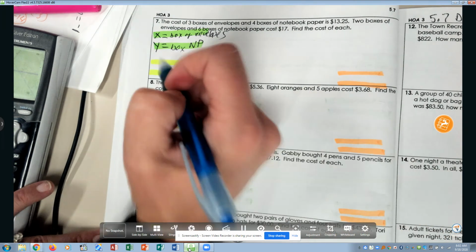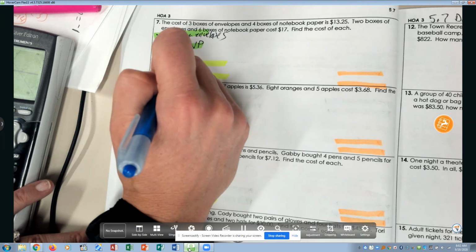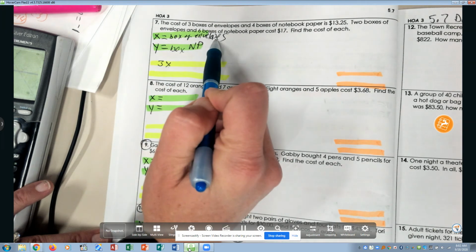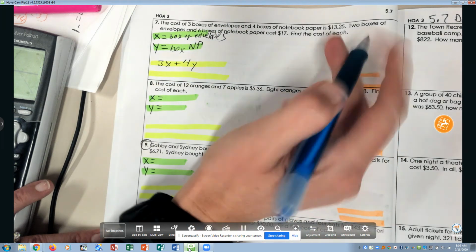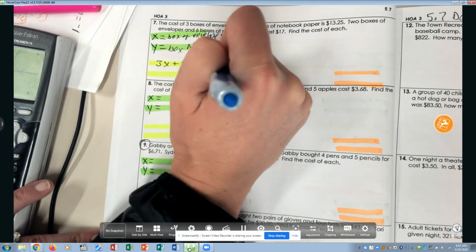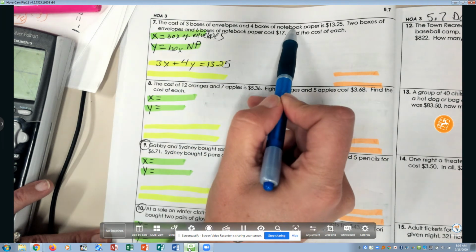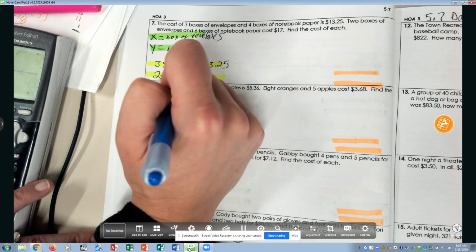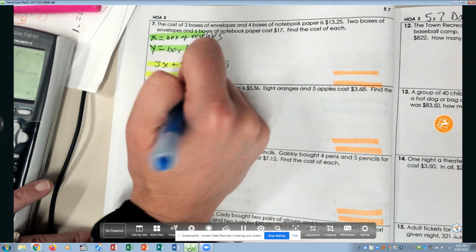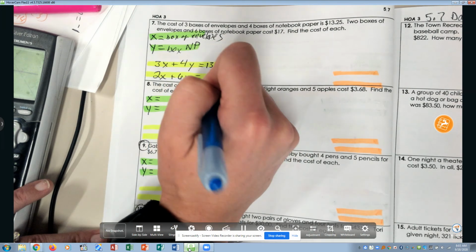The first situation is 3 boxes of envelopes. Remember, X represents boxes of envelopes, and 4 boxes of notebook paper cost $13.25. The second situation is 2 boxes of envelopes and 6 boxes of notebook paper cost $17.